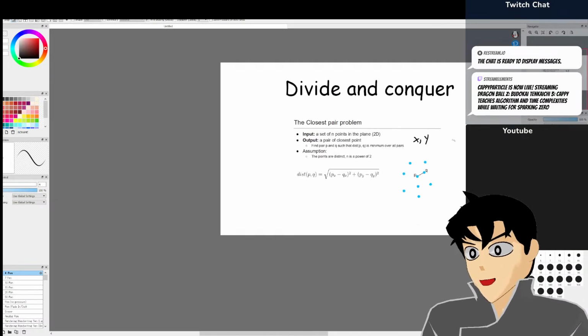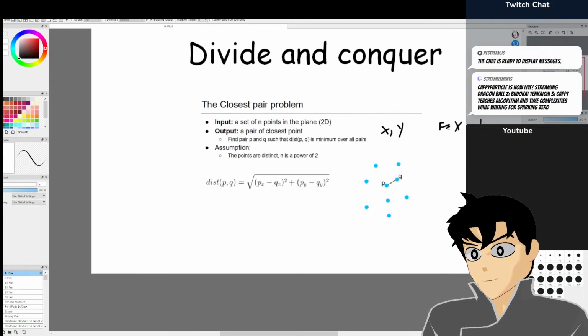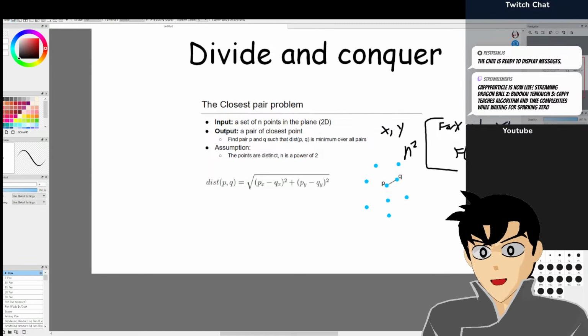How about we do a for loop? So for x equals 1, x plus plus, and then for y. Hey, look at that, ain't that familiar? N squared.